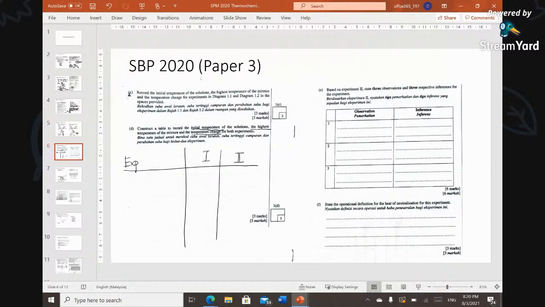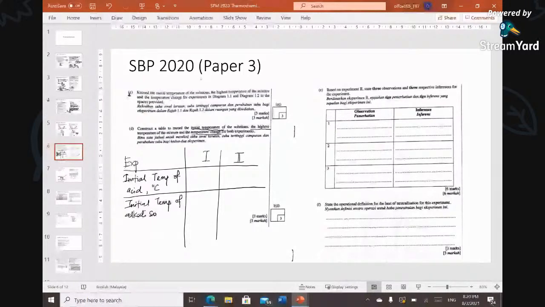So they already given you what you're supposed to record down. So just write down initial temperature of acid. Okay, and then you have to give the unit. Okay, degree Celsius, and then initial temperature of alkali solution, degree Celsius.